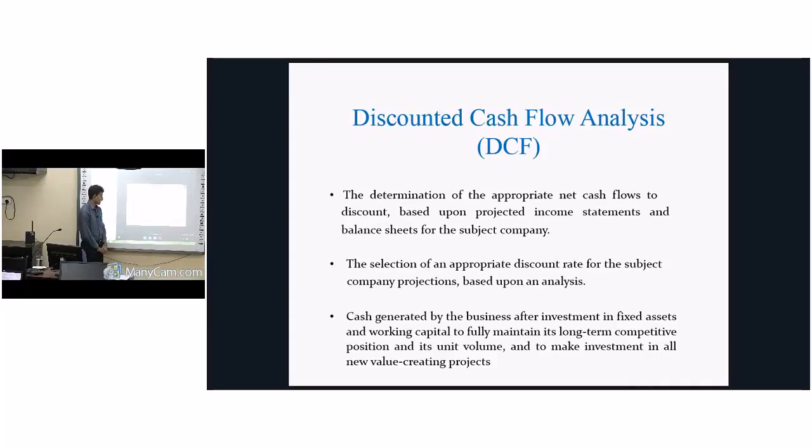Then select an appropriate discount rate for the subject company projection based upon an analysis. Cash generated by the business after investment in fixed assets and working capital to fully maintain its long-term competitive position and its unit volume, and to make investment in all new value creating projects. Fine. So let's go into more detail of this.